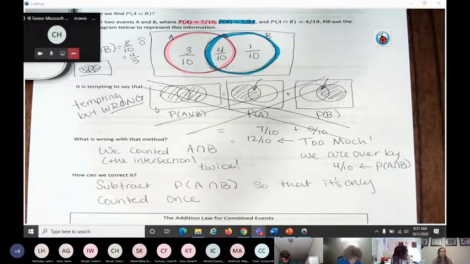Mathematicians are lazy, we want to do the least amount of work possible. So, all right, now I'm going to draw out what this looks like.